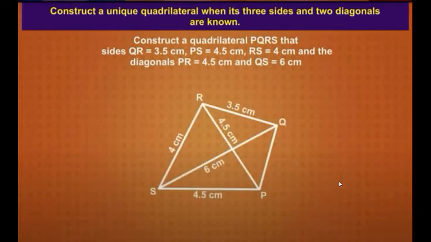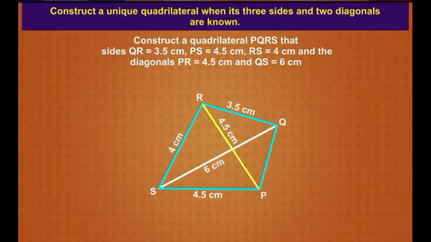Construct a quadrilateral PQRS that has sides QR equal to 3.5 cm, PS equal to 4.5 cm, RS equal to 4 cm, and the diagonal PR equal to 4.5 cm. Another diagonal QS is equal to 6 cm.